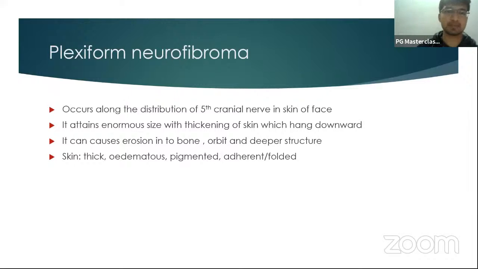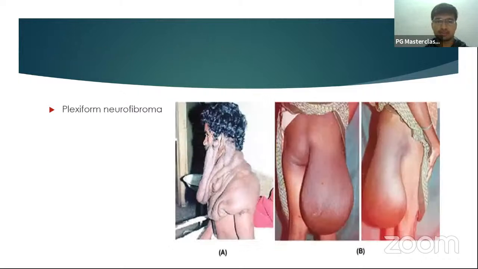Another type is the plexiform neurofibroma. Usually it occurs in the area of distribution of the trigeminal nerve, and there is thickening of the skin. Due to that, the skin hangs downwards and it also causes erosion into the bone of the orbit and other deeper structures. This figure shows involvement of the face, back, and groin region.